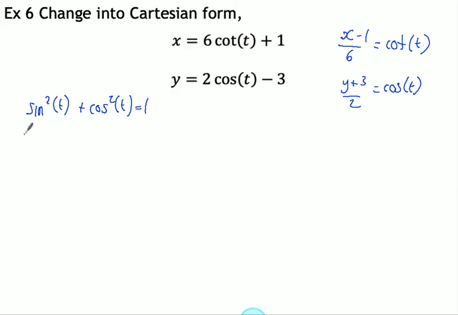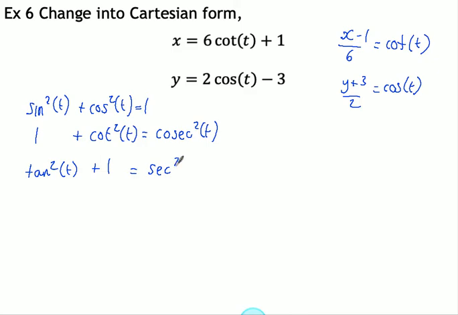Okay, and then we've got 1 plus cot squared t equals cosec squared t, and then we've got tan squared t plus 1 equals sec squared t. Now if we look really carefully here, cot can be rewritten as tan, cos can be rewritten as sec. So this time I'm going to take the reciprocal of both of these functions.